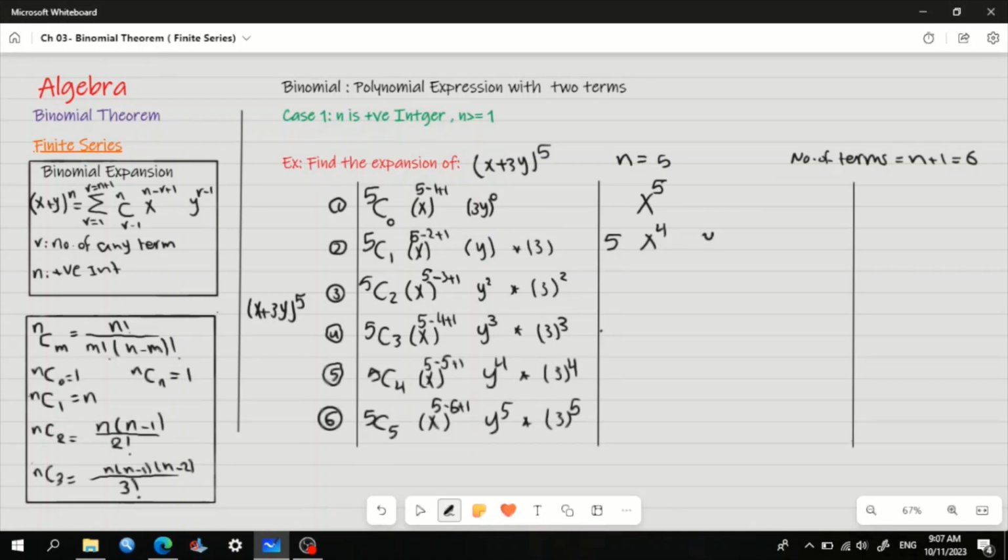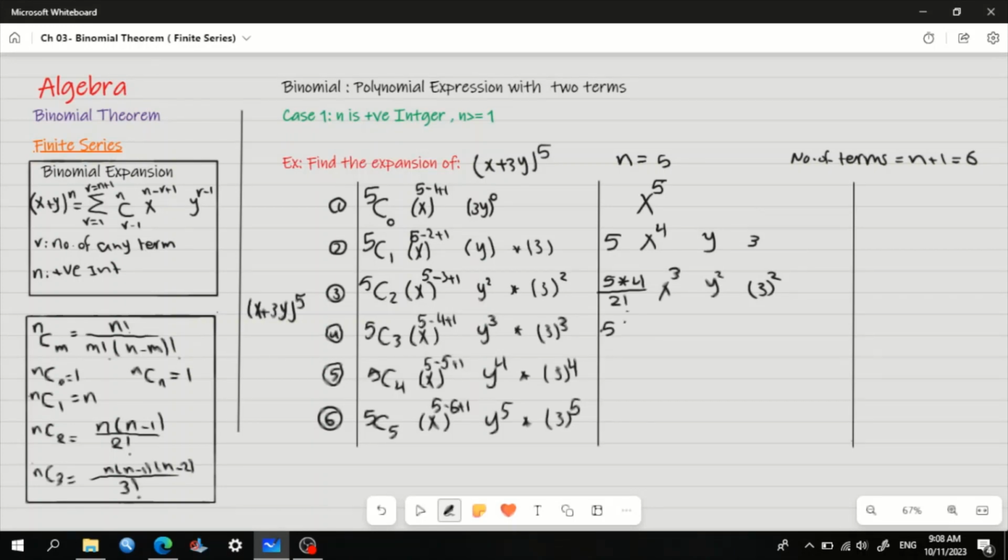Here we have y and 3. 5 combination 2, so 5 into 4, with a factor of 2, x to the power 3, y to the power 2, here 3 squared.